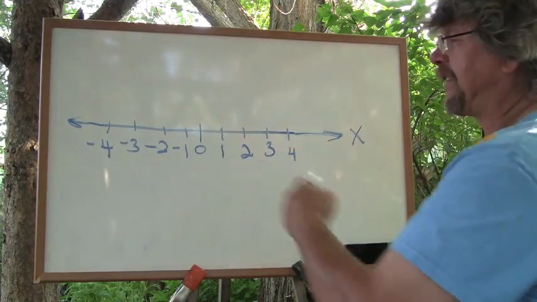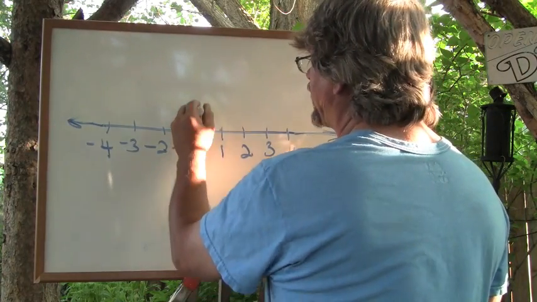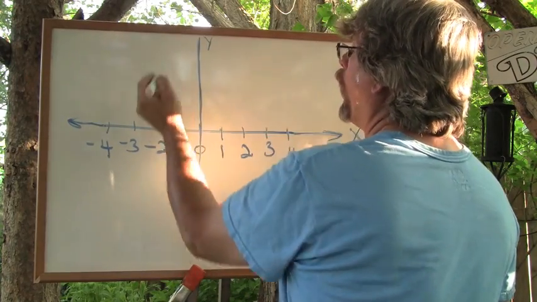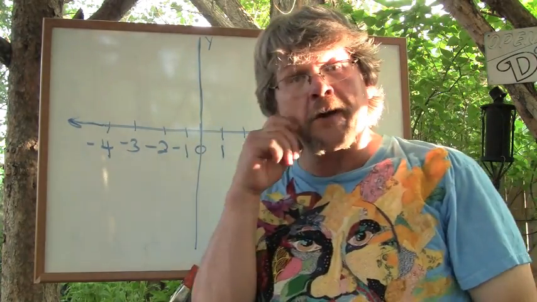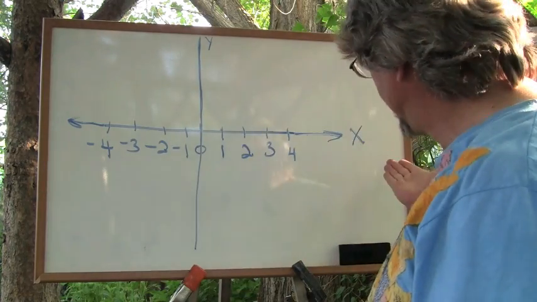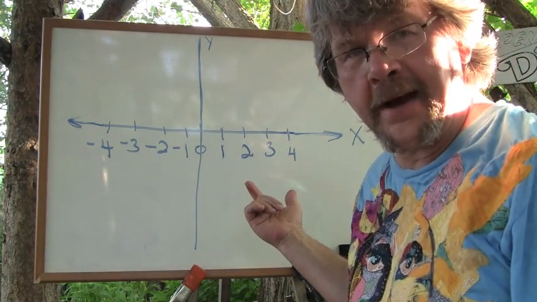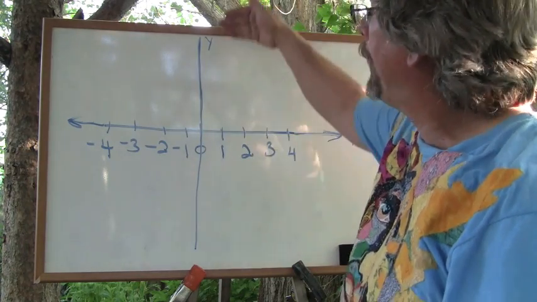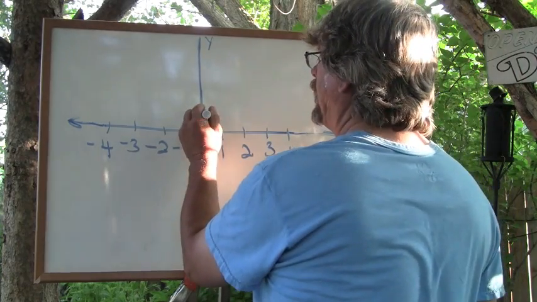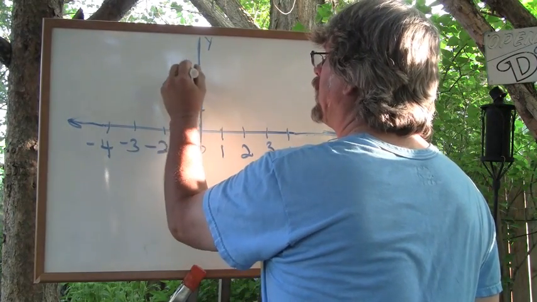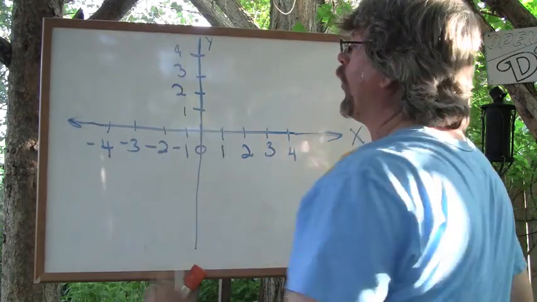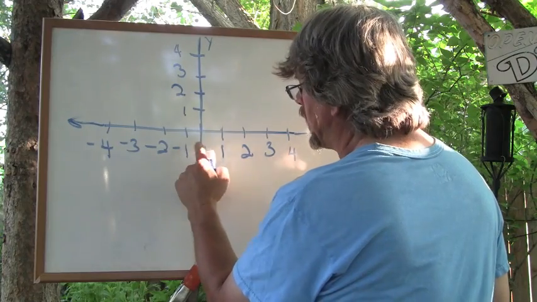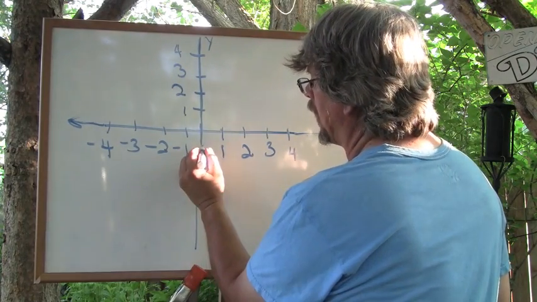this we call the x-axis. We add a perpendicular axis up and down, and we call this the y-axis. Now it's interesting because we know to the right are all the positive numbers on the x-axis. We make the positive numbers on the y-axis above the x-axis. So there's 1, there's 2, there's 3, and there's 4, etc. And then we take all the numbers below, I won't mark 0.